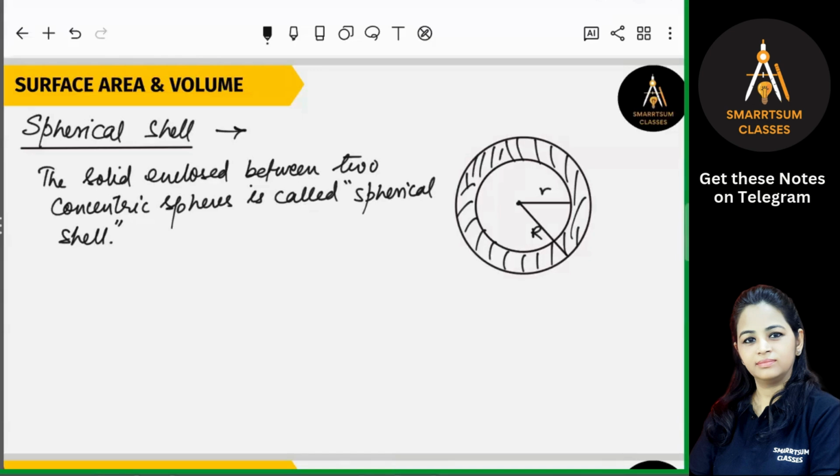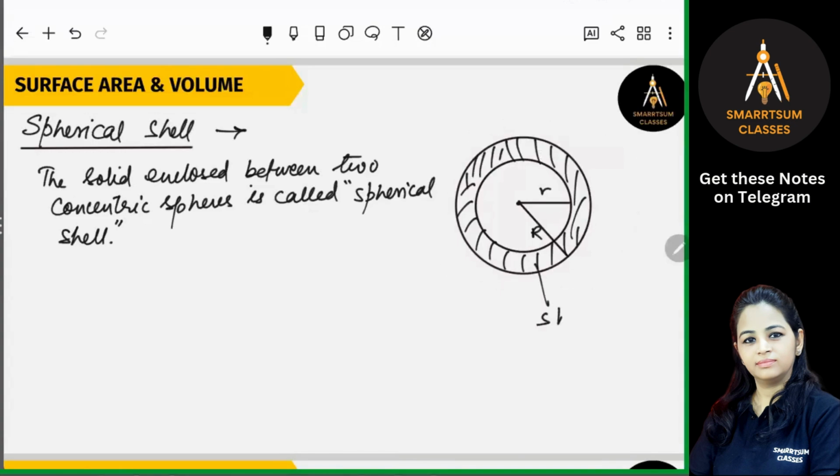Now, suppose there is a solid which is enclosed between two concentric spheres, means there are two spheres which are concentric, one sphere inside the other. So this makes a spherical shell, as you can see here in the diagram. These are the two concentric spheres, and this makes a spherical shell.